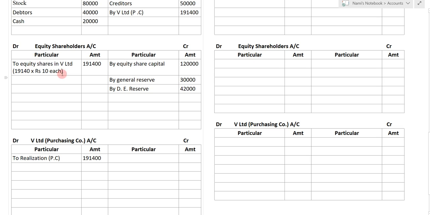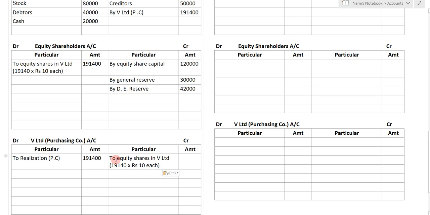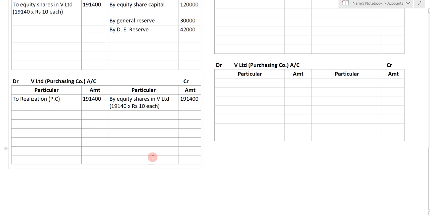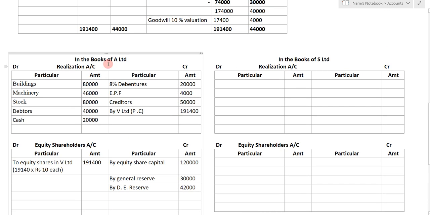Now the second effect of this entry will come on the credit side, as 'By equity shares in V Limited, 1,91,400'. Okay, so now all the entries have been passed in the books of A Limited. Now close the books of A Limited.